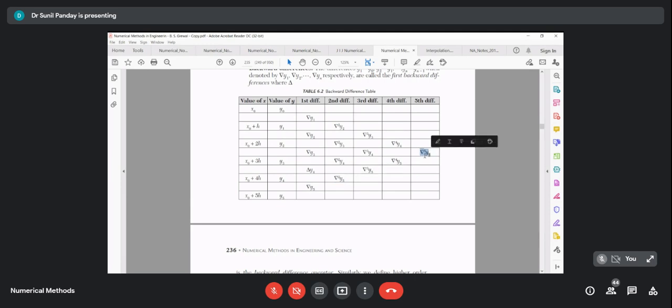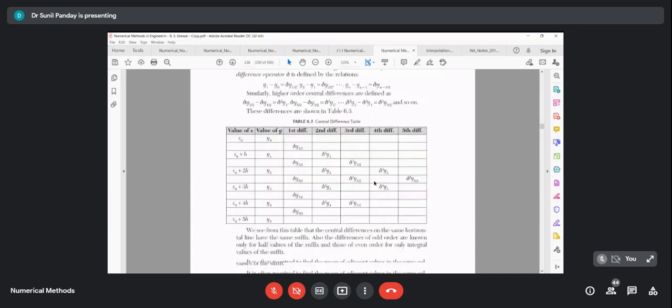The values in the forward difference table and backward difference table are the same, but their interpretation is changed. If we are dealing with a backward difference formula, it is nabla of y1, but in forward it is delta of y0. So like this.